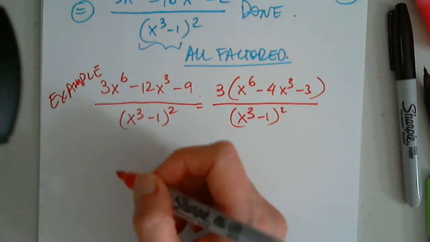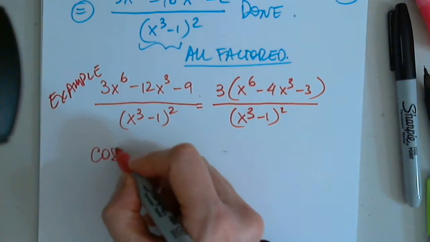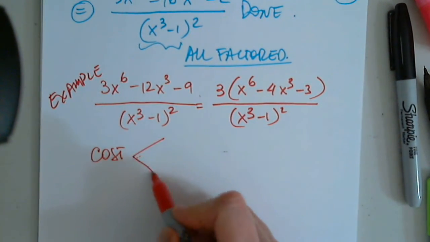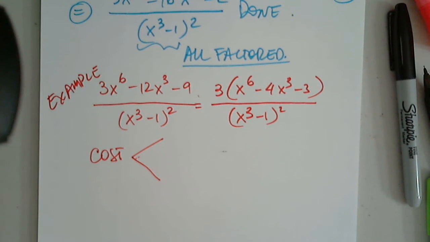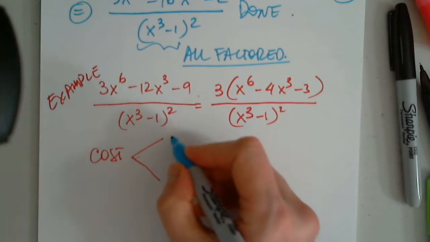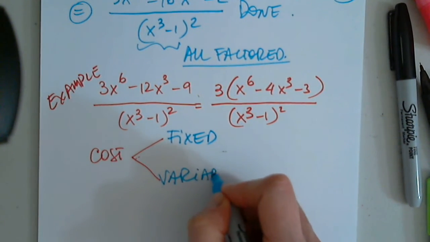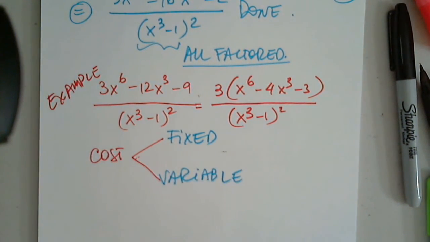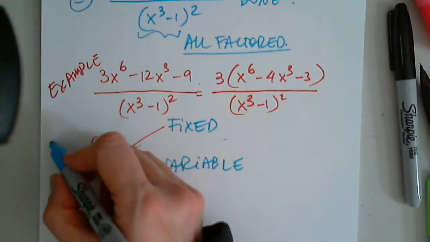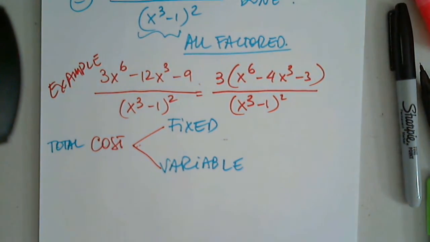Okay, so let's talk about cost. Cost is, as you know, of two types, fixed and variable. So maybe I should say here total cost.